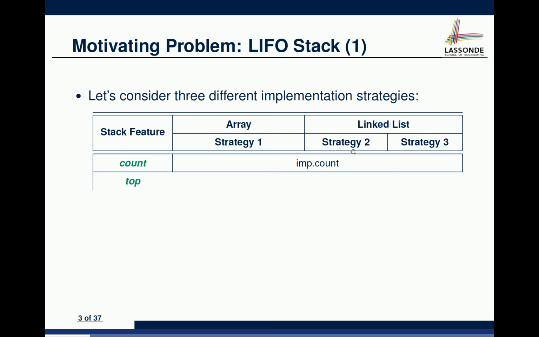Now the top is something you want to memorize just for the lecture purpose. In strategy number 1, we treat the end of the array as the top of the stack. For linked list, strategy number 2, we treat the first item in the list as the top of the stack. And for strategy number 3, we treat the last element in the list as the top of the stack.